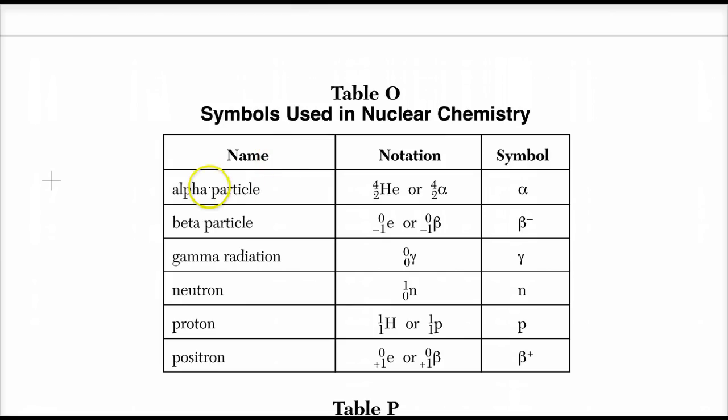So Table O lists all the particles by name and gives them the symbols. Some of these symbols are represented in Table N for radioisotopes, especially if they come from unstable nuclei from nuclear chemistry. But that's not part of the atomic structure unit, as per se the Regents goes in terms of how they ask questions. They leave those questions for last.